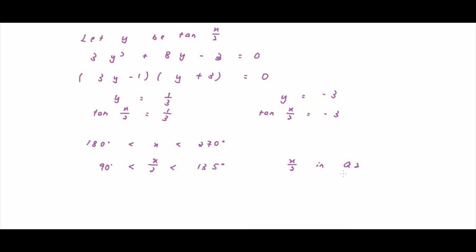In quadrant 2, your tangent should be negative. So you write x over 2 is in quadrant 2. So you should take the number that gives you a negative value for tangent x over 2. Okay, so this is how you get the answer.